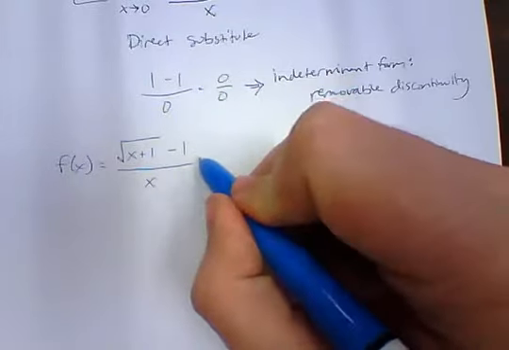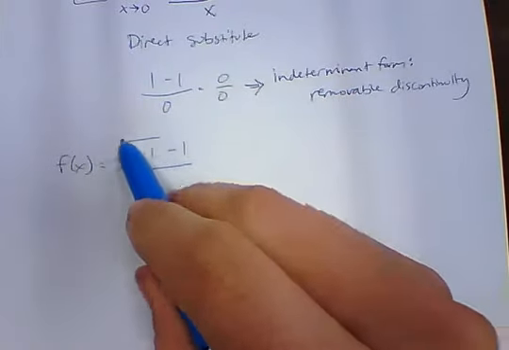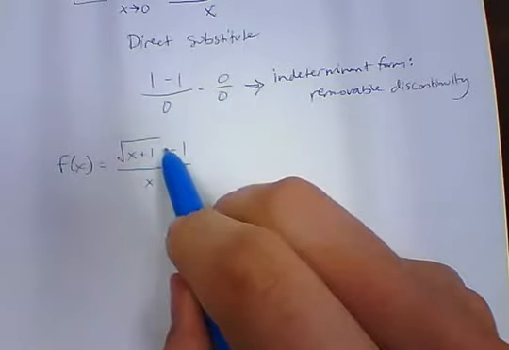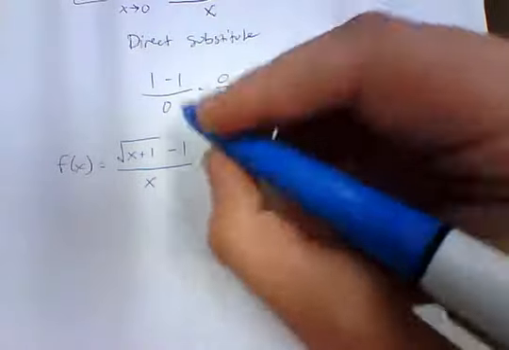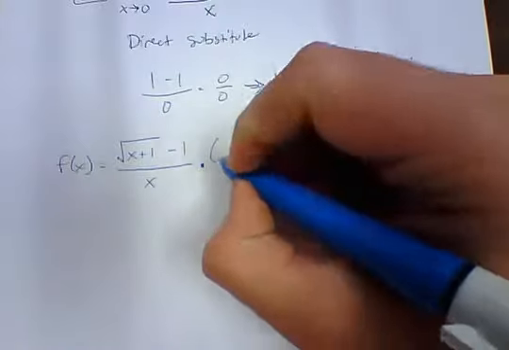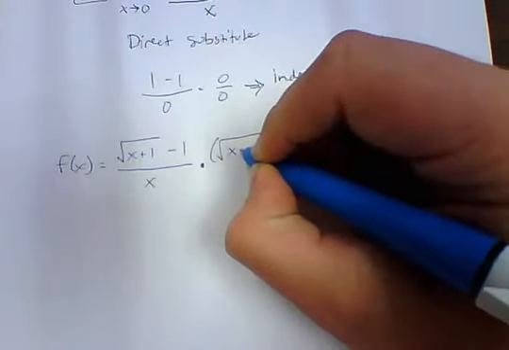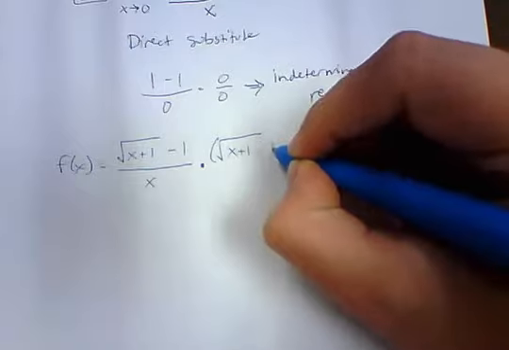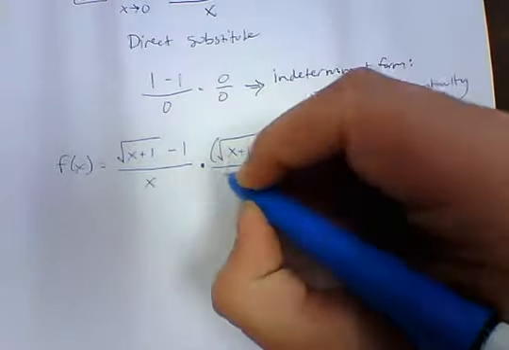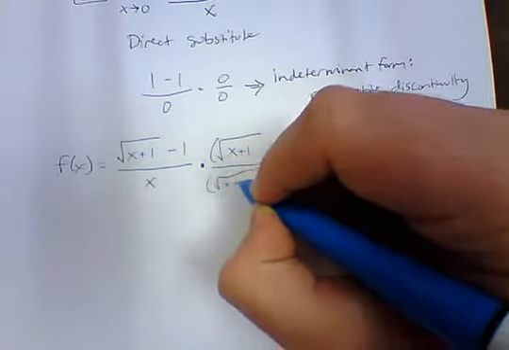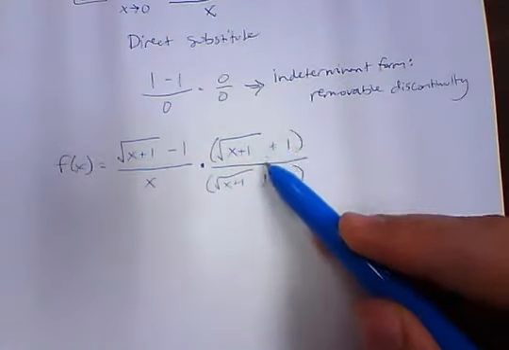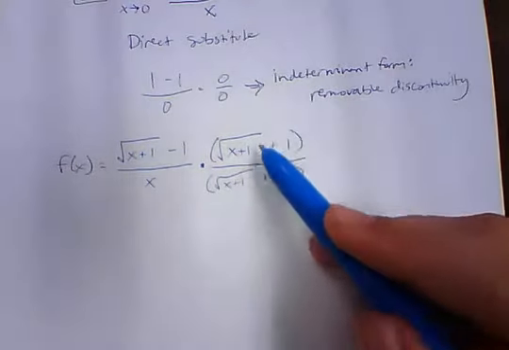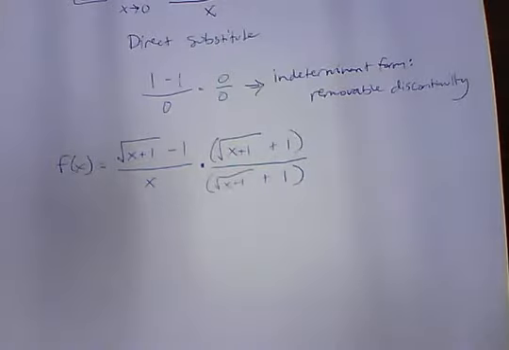To rationalize the numerator, we multiply by this whole thing, except we're not going to say minus 1 this time, we're going to say plus 1. So we're going to multiply by radical x plus 1 over radical x plus 1 plus 1. And remember, when we have the same thing on top and bottom, we're really just multiplying by 1, which is definitely okay to do in algebra.